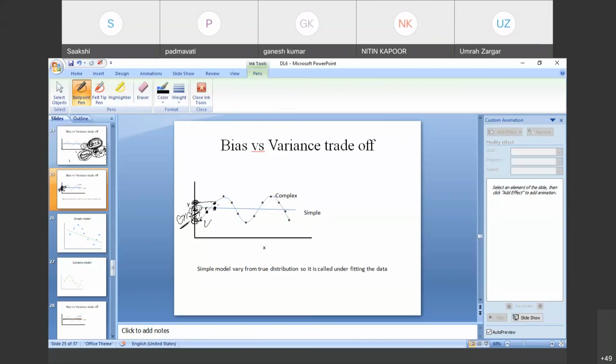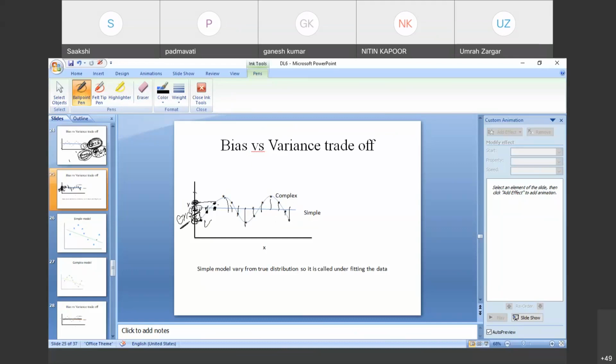So here in the simple model, even for my training data points, it has tried to adjust the w parameter values such that this loss value for all the data points is minimum.